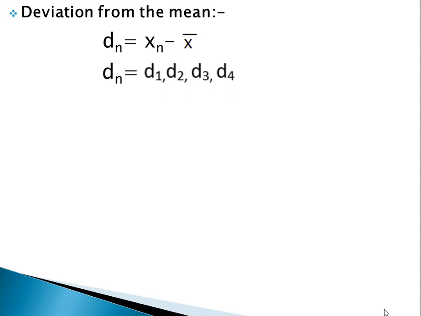In the given problem, the total number of measured values is 4, so deviation from the mean dn is d1, d2, d3, d4. That means in this problem we should find a total of 4 deviations from the mean. d1 is equal to x1 minus x bar.